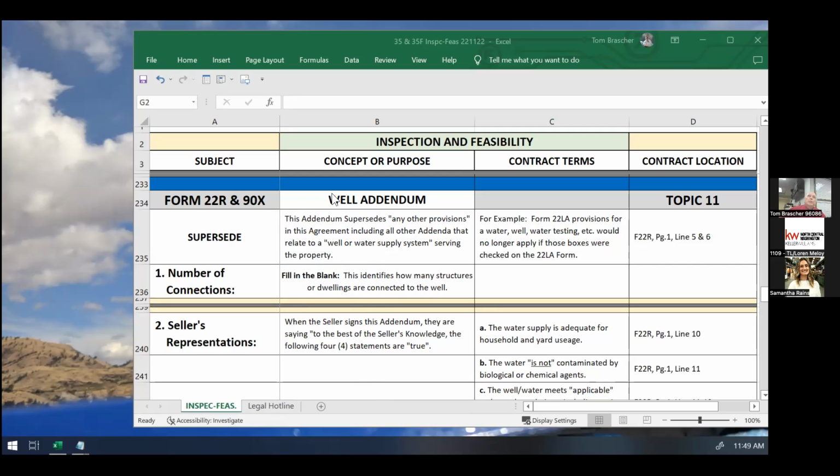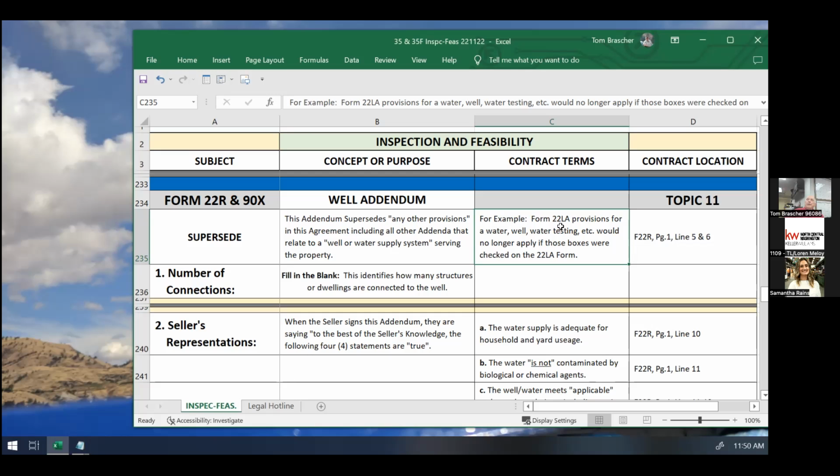In Form 22R, which is our well addendum, and 90X, which is your notice, this addendum supersedes any other addendum. The reason I put that right off the bat is because in 22LA, there are things you can do for inspection of water quality, water quantity, and the well systems.